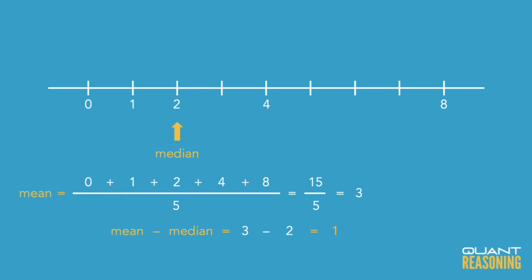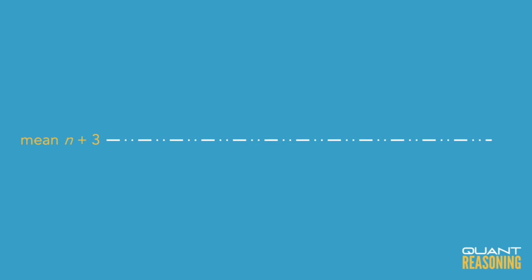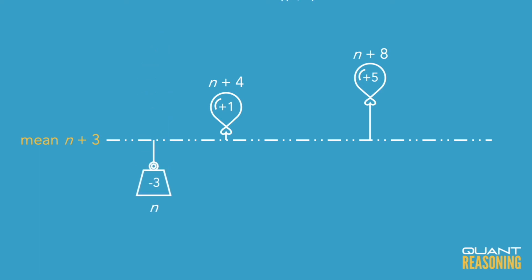So the median is n plus 2, the mean is n plus 3, so the mean is 1 greater than the median. Another good way to find the mean of these 5 data points is to just pick, let's say, n plus 3 as the mean, just because that's somewhere in the middle of the set, and then test it. If the mean were n plus 3, we'd have a force of 1 pulling above for the n plus 4, a force of 5 pulling above for the n plus 8, and then on the lower end, we'd have a force of negative 3, right?